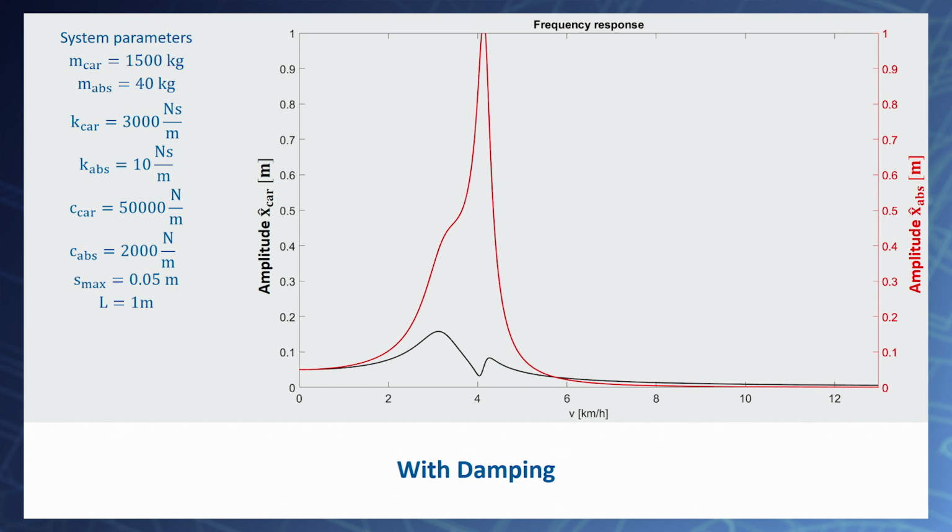And in this case, we see much lower values for the amplitude of the car body and also lower values for the amplitude of the absorber mass. But we can also identify that the minimum value that we get for the amplitude of the car mass is no longer equal to 0, but it's a non-zero value.